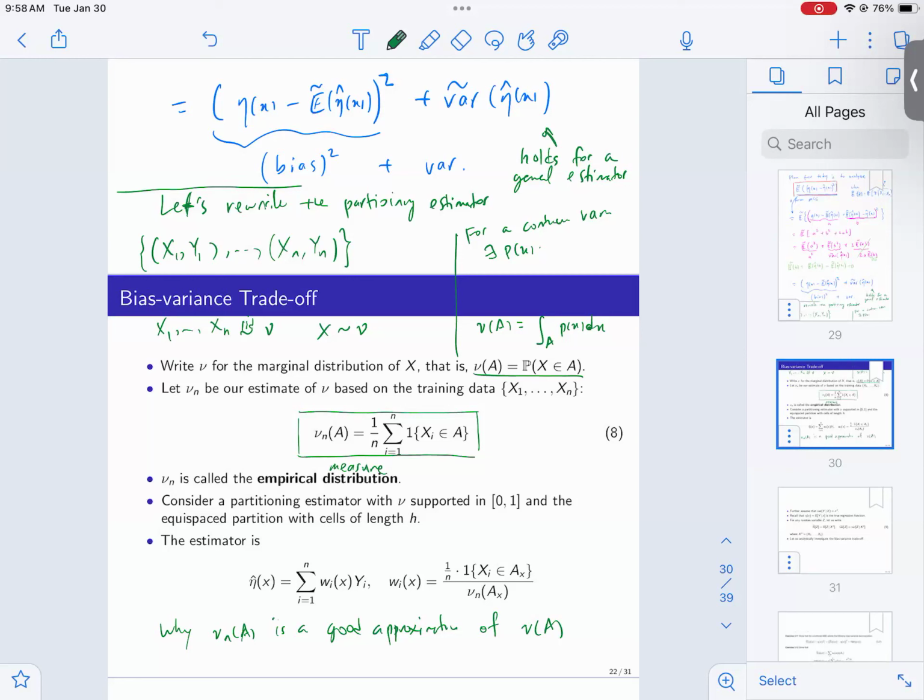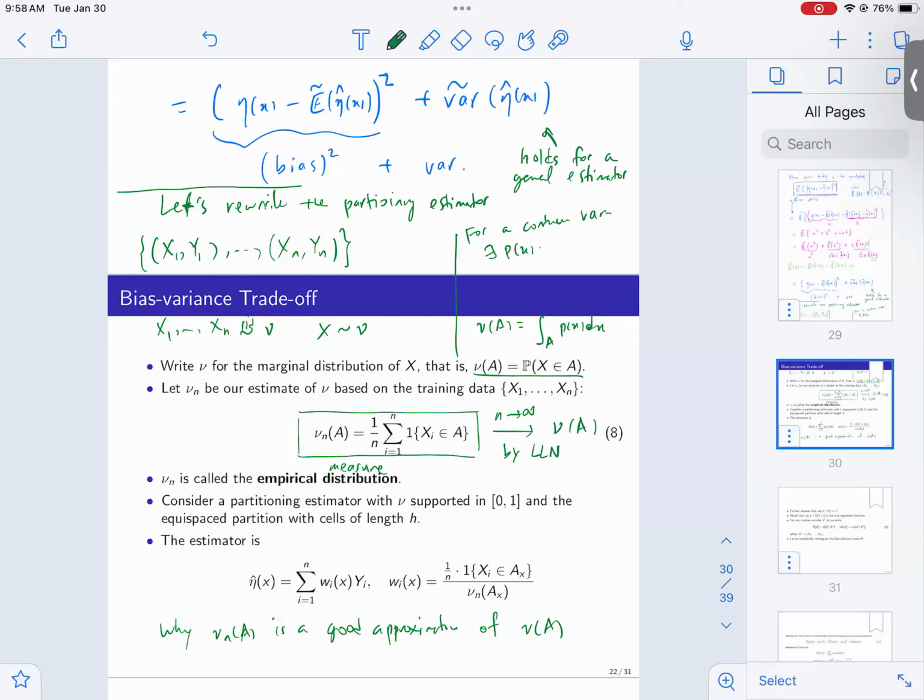Let this be the only thing that you learn in this class. You've been saying this many times. Why is this a good approximation when n gets large? Is it the law of large numbers? There's a law and there's something large, and large is n. As the sample size grows, this converges as n goes to infinity to that, by the law of large numbers.